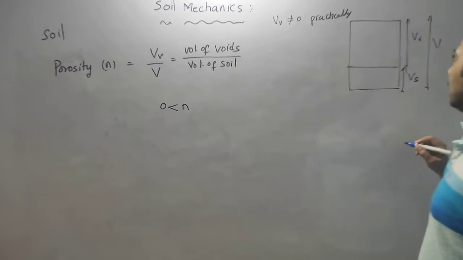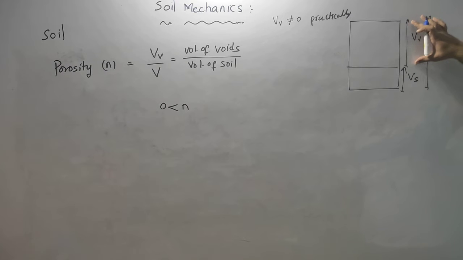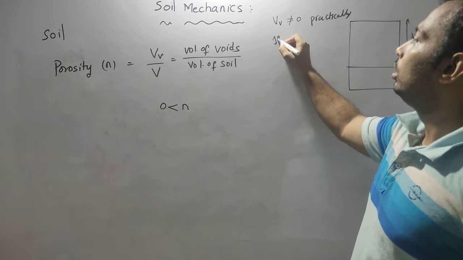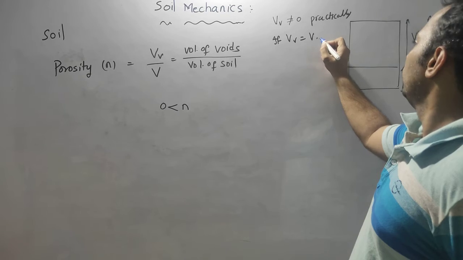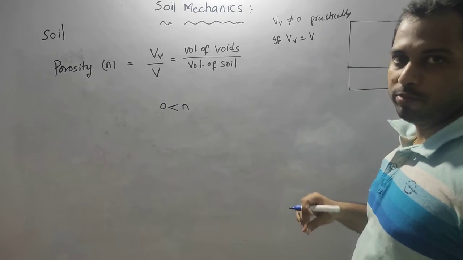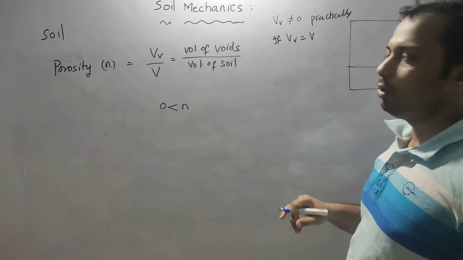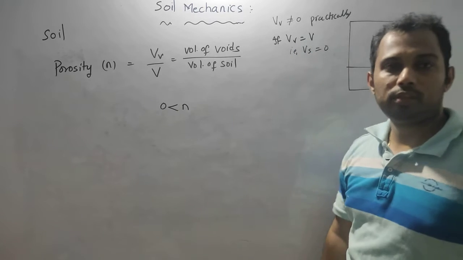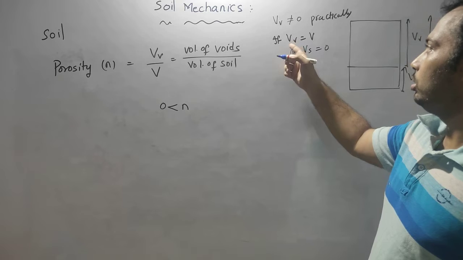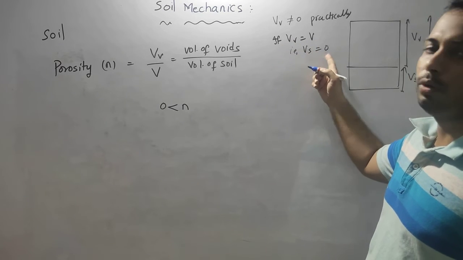Now what is the maximum value of Vv? For example, if Vv is equal to Vs, or else Vv is equal to V, that means Vs is equal to 0. If Vv is equal to V, that is Vs is equal to 0.